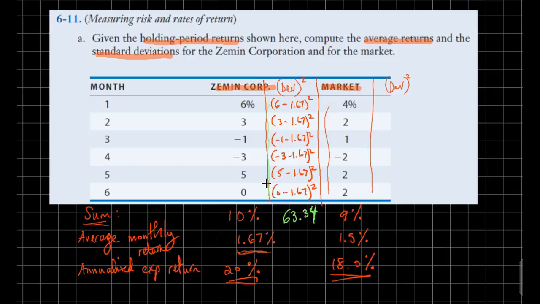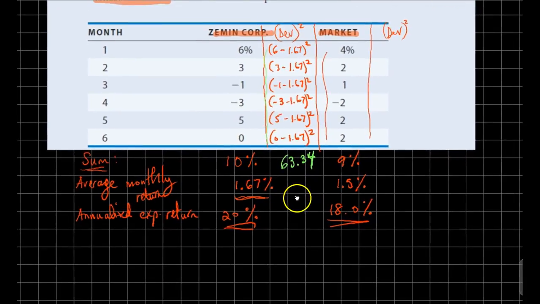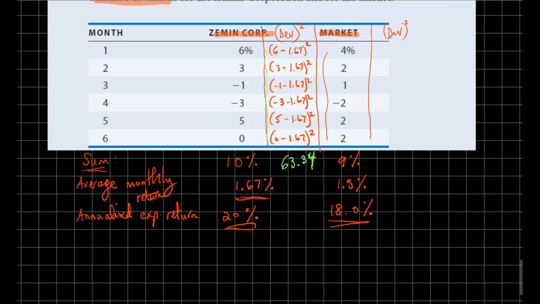Once we have that, we can find the variance by dividing this number by, instead of 6, by 5 only, because this is a sample. So for the variance of our company, it would be 63.34 divided by 6 minus 1, which is 5.